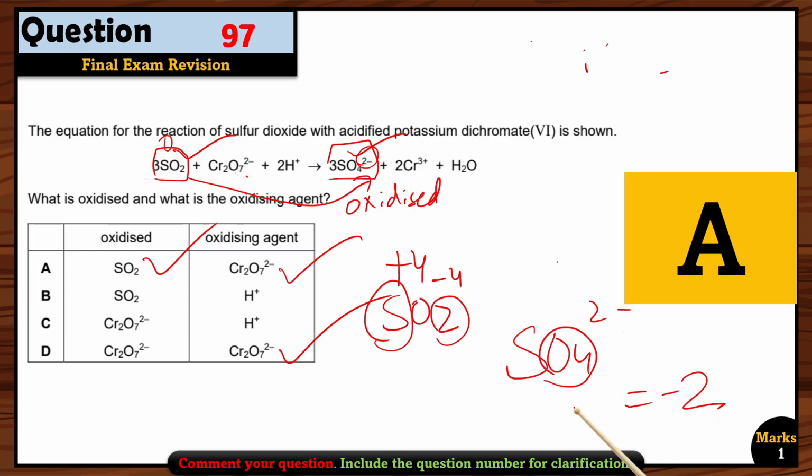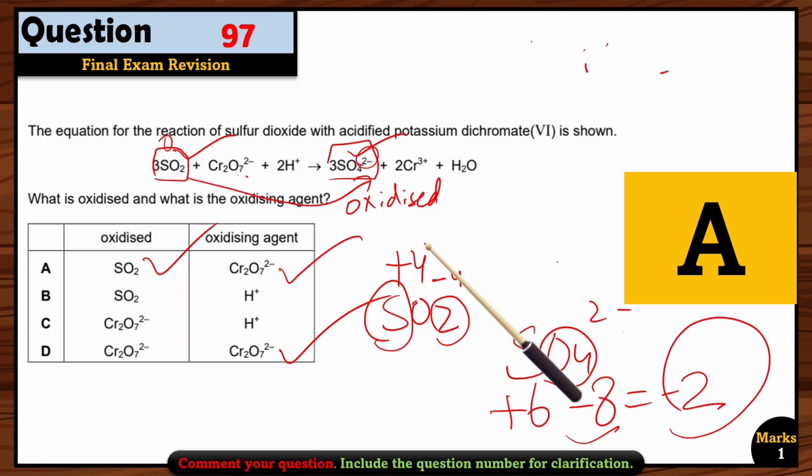O4 is -8, because we have 4 oxygen atoms and each one has an oxidation state of -2. So sulfur should be +6, so you can get -2, right? Can you see the oxidation state of sulfur has changed from +4 to +6? It has increased. So an increase in oxidation state means it is oxidized.